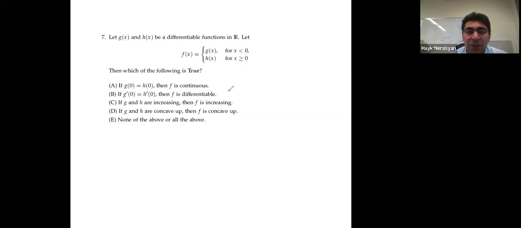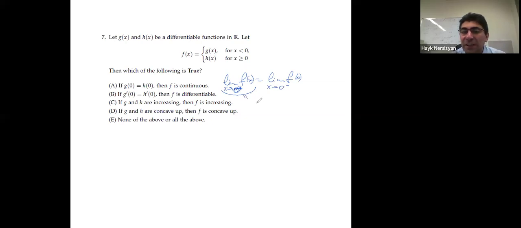Actually, a function is continuous if the limit of f at 0 from both sides are equal. So 0 plus and 0 minus. So here, from the right side, we have h of x. And since function h is differentiable, it is continuous.